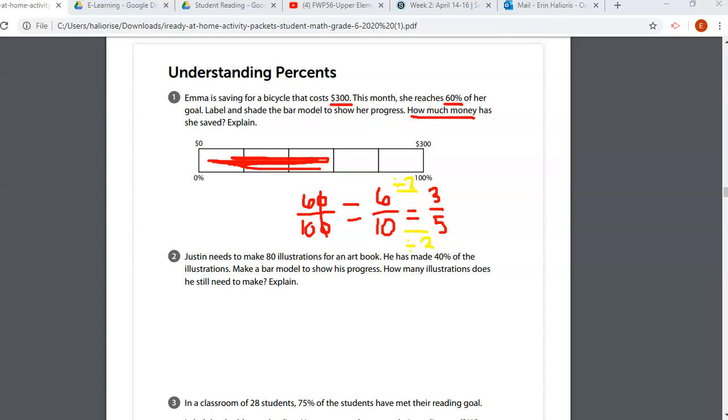Right. So how much money has she saved? So we can do 300 times 60%, which would be the same as 0.60.